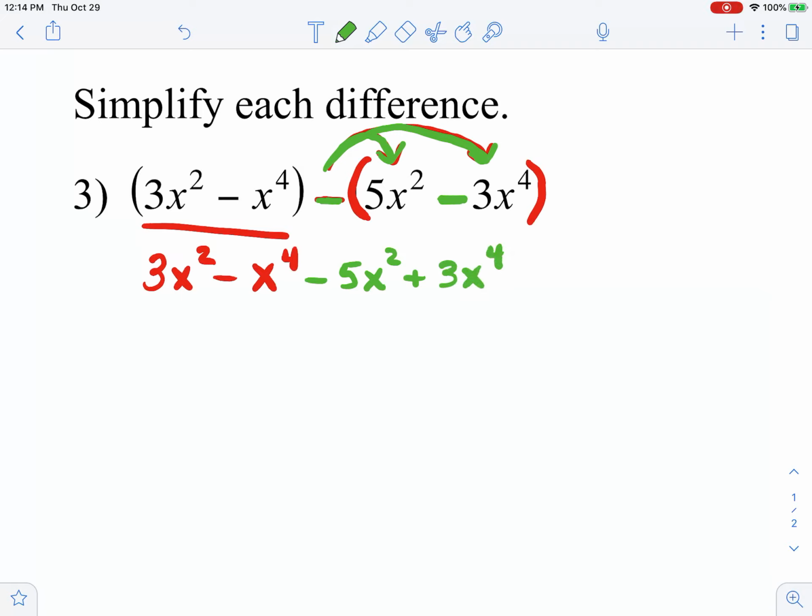Again, each term, the positive 5x squared became subtracting, and then the negative 3x to the fourth became subtracting. Minus a negative is a positive. And now if you take a closer look, this kind of looks like the distributive property, right? Distribute. And really, that's kind of what I'm doing here. There is a little like a ninja 1 in here.